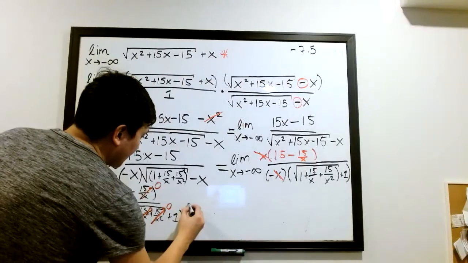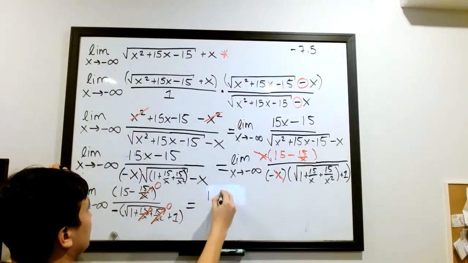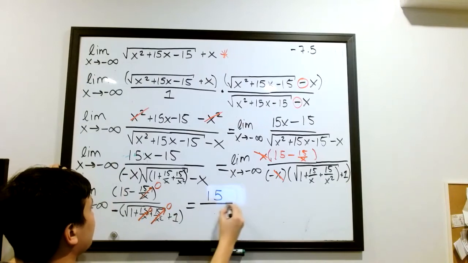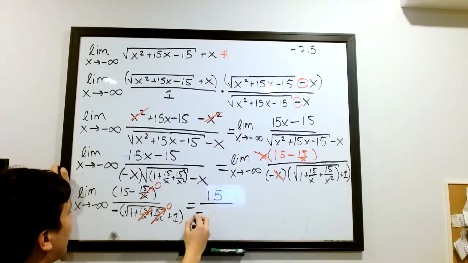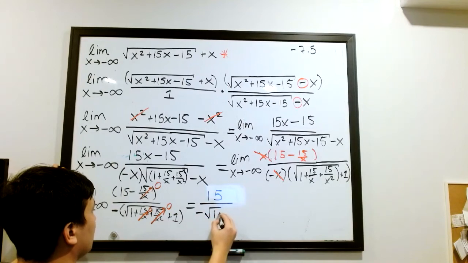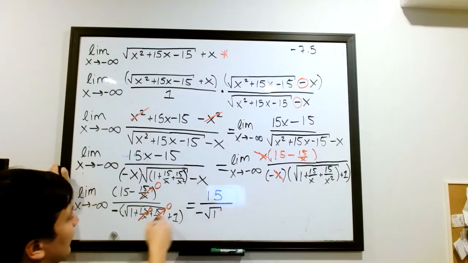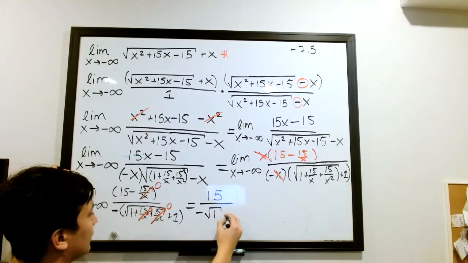Okay, so when we evaluate the limits, what we get left with is 15 in the numerator, divided by negative, don't forget the negative, the square root of 1. Right, just 1, because all these are 0, so it's 1 plus 0 plus 0. That's just 1.